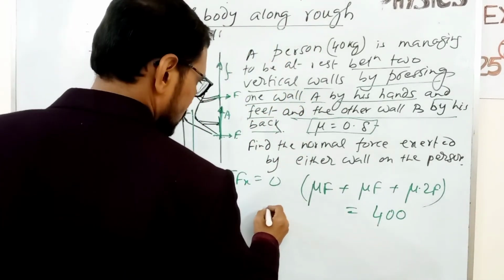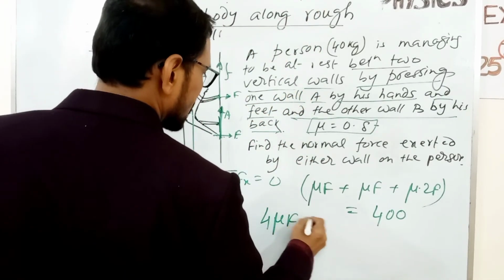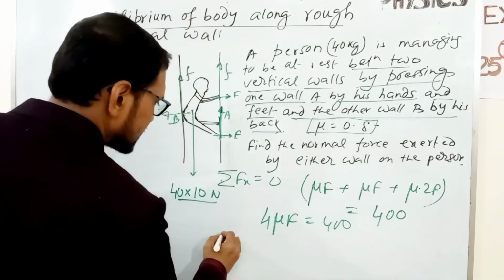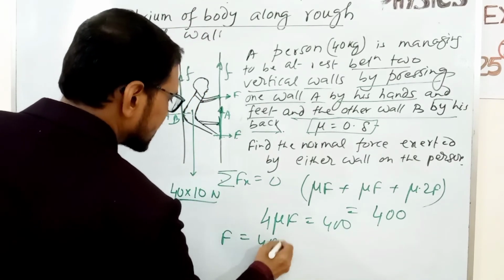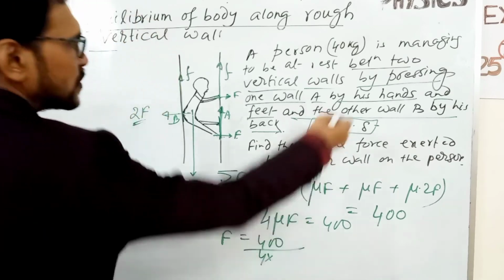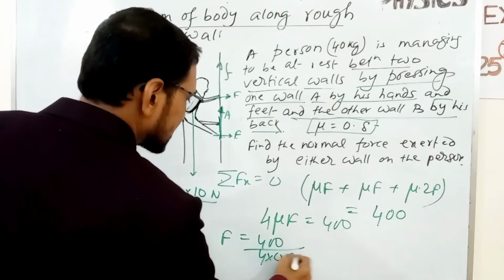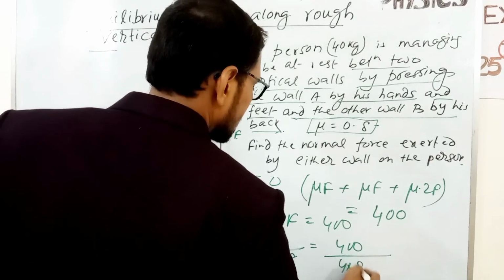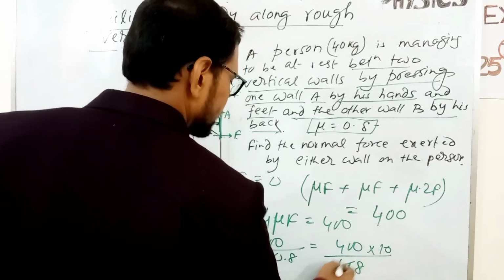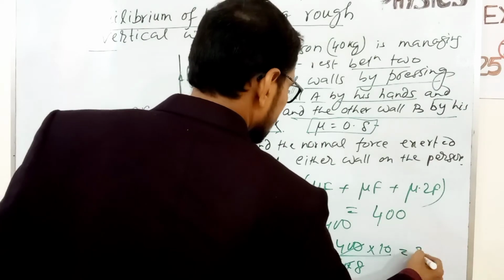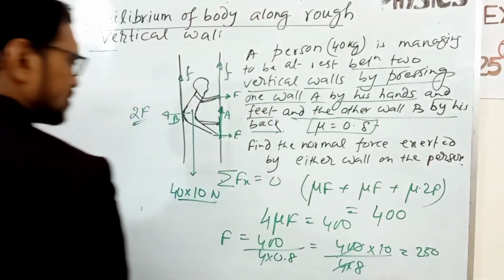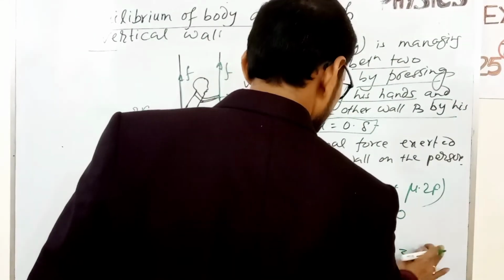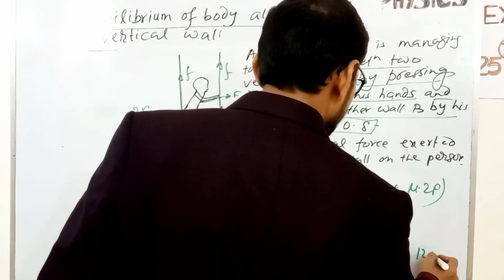So 4 mu F equal to 400, that is F equal to 400 by 4 mu. What is mu? Mu equal to 0.8, that is 400 by 8 into 10... so F equal to 125.